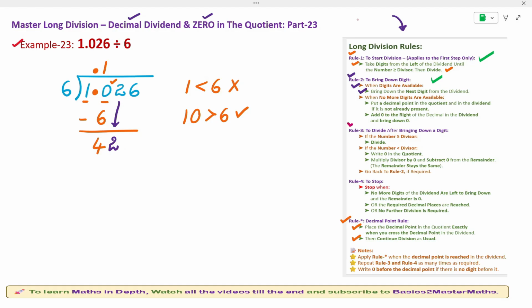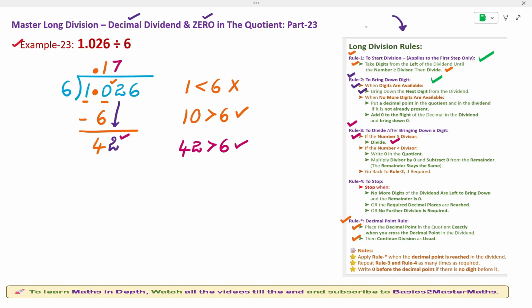Let us apply rule 3. Observe, now the number is 42, which is greater than the divisor 6. So, as per rule 3, if the number is greater than or equal to the divisor, then divide.